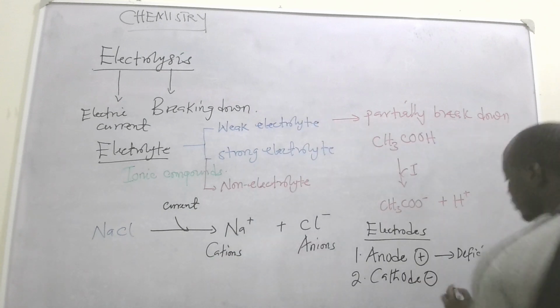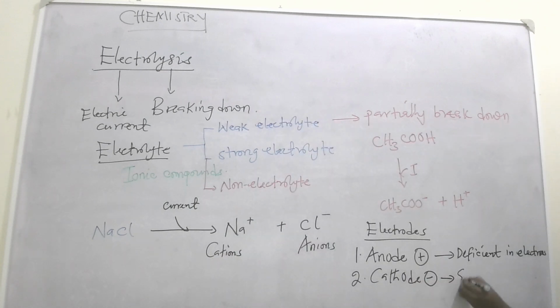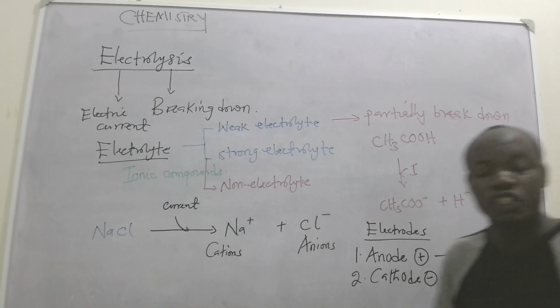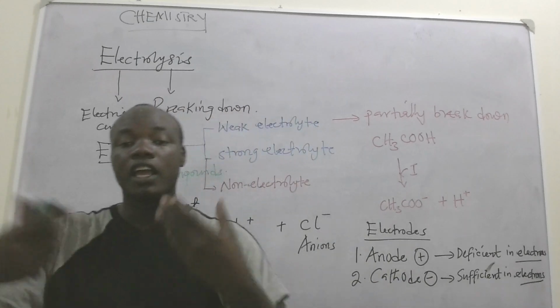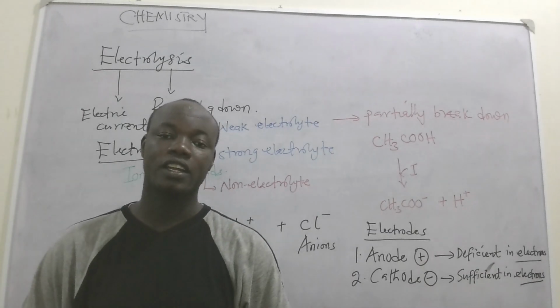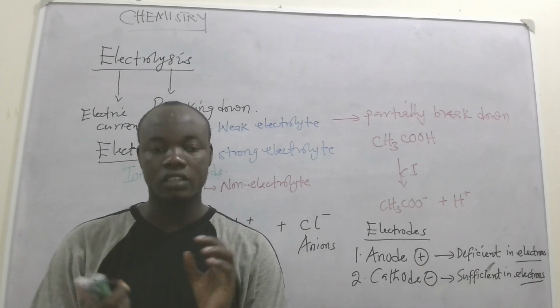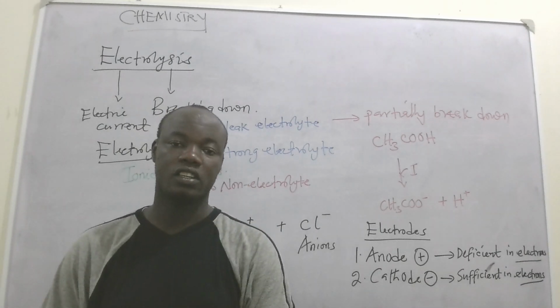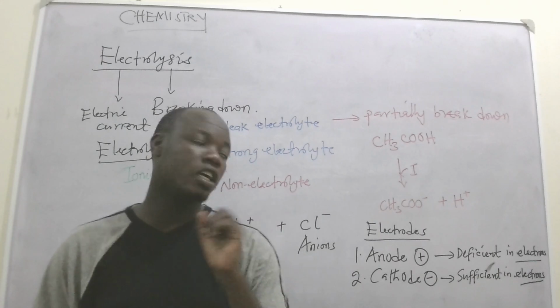Then we have cathodes, which are negatively charged and sufficient in electrons. They have excess electrons, a lot of electrons. They are rich in electrons, while anodes are deficient in electrons.